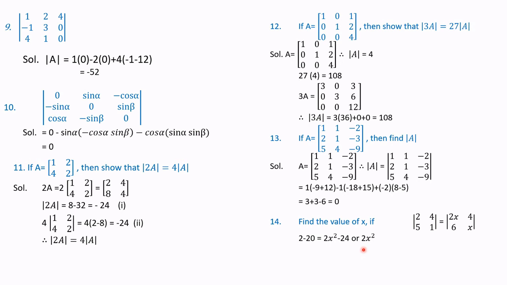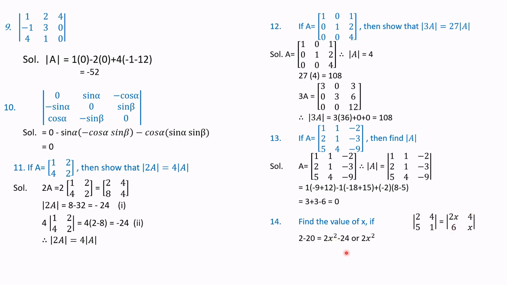We get 2 into 1 is 2, minus 5 into 4 is 20. 2 minus 20 is the expression on the left side. On the right hand side we get 2x into x is 2x square, minus 4 into 6 is 24.